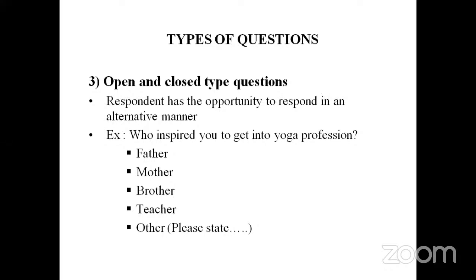Father, mother, brother, teacher. You have to take anyone. If someone else, like a friend, there is a column for other. You have to state who the other person is who inspired you to get into this yoga profession. So this type of question has both closed type as well as open type. That is the third type of question.